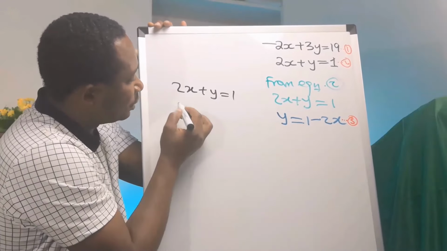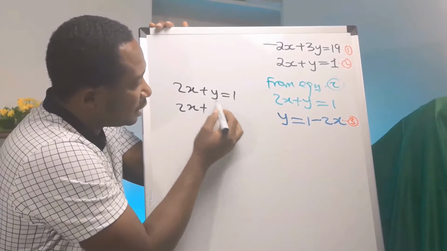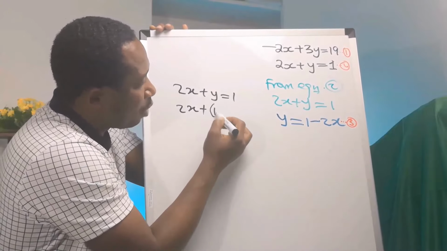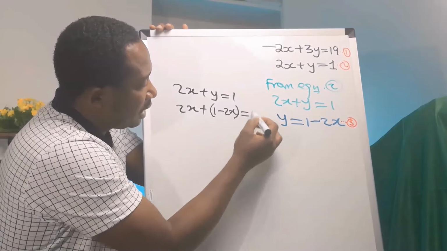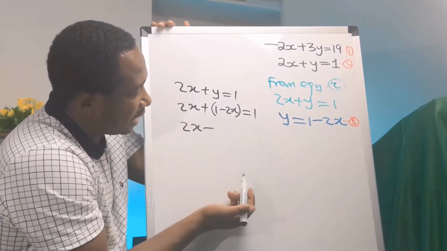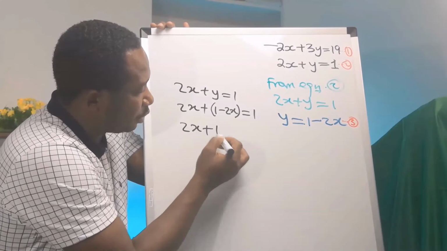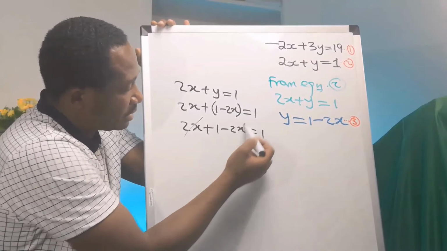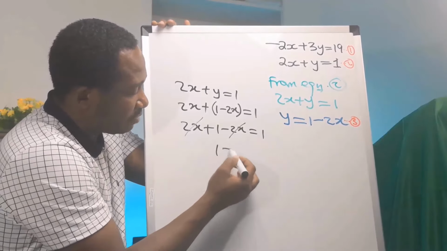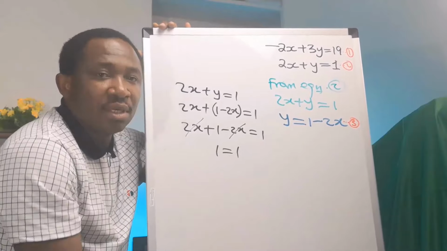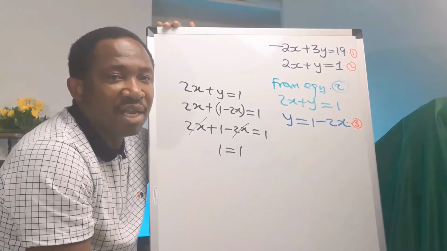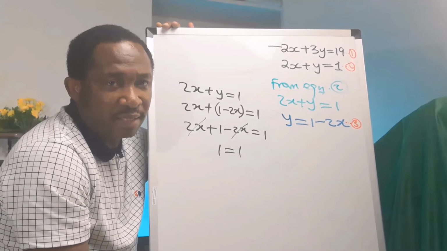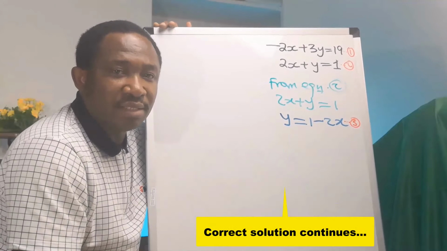Now I'm going to say 2x plus, instead of y, I will put 1 minus 2x, is 1. Open this bracket, you're going to have 2x plus 1 minus 2x is 1. Plus 2x, we cancel minus 2x, and you have that 1 is equal to 1. Now, we have eliminated both x and y. Now, let's do it correctly.